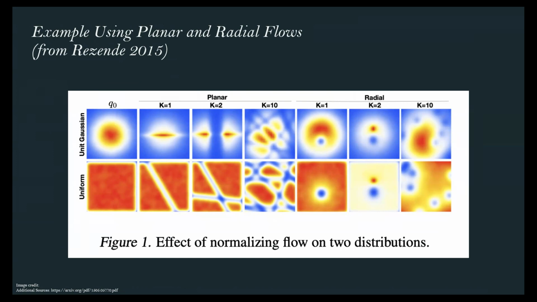Yep. That's what this picture illustrates, that with normalizing flows you can start with unit Gaussians or uniform and then get to a fairly complex distribution, which is the underlying distribution that you try to map to. Bingo. Yep.